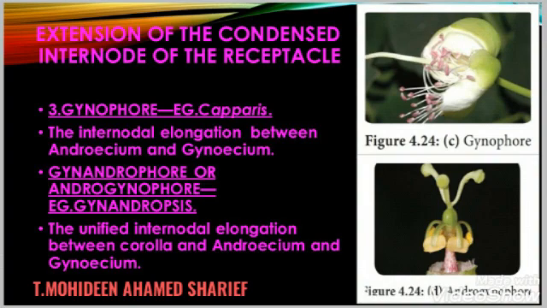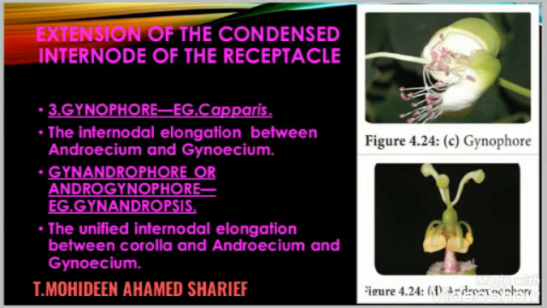Next, ovary position. The position of the attachment of ovary related to other floral parts. It may be classified into superior ovary, inferior ovary, half superior ovary. So in superior ovary, it is the ovary with the sepals and petals and stamens attached at the base of the ovary.